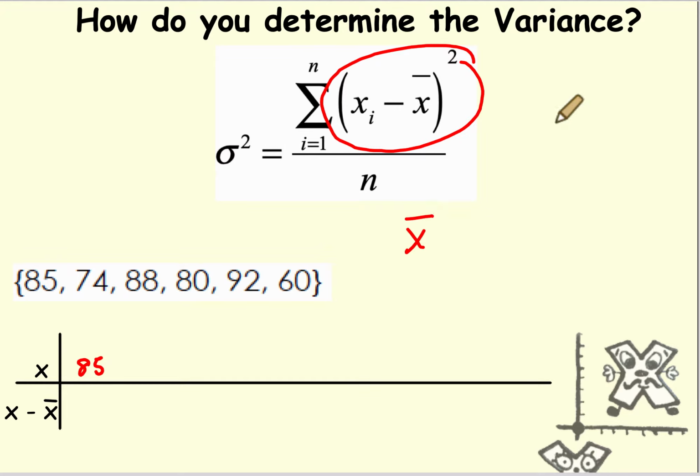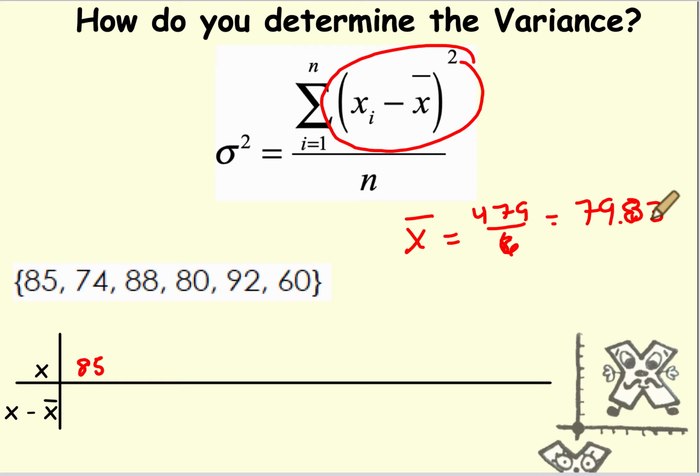So go ahead and pause and figure out the mean. You should have gotten 479 divided by 6, which is 79.83. And we're going to round. We're not going to use that exact value for each one.